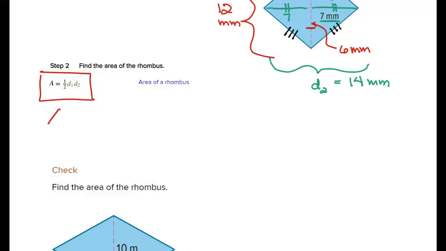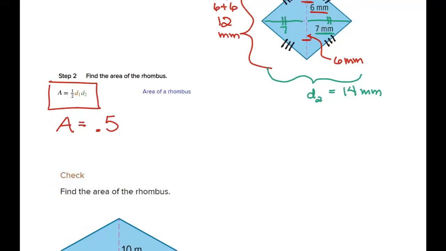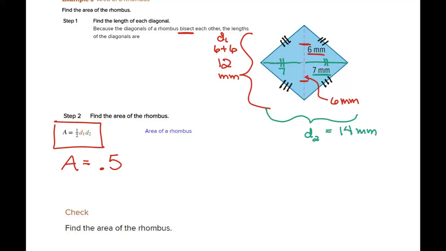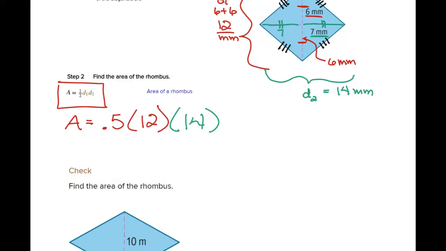We are trying to find the area, so we leave A as A and say 1/2, which is 0.5. Diagonal 1, we said had a total of 12, so we multiply times 12. Diagonal 2 had a length of 14. Multiply by 14. So you put all of this in your calculator, 0.5, and if you do parentheses, times 12 times 14.